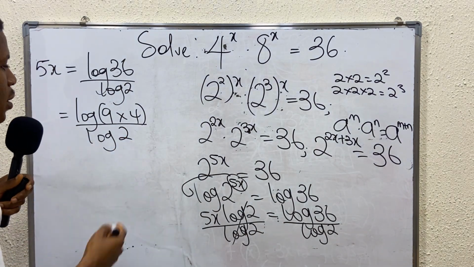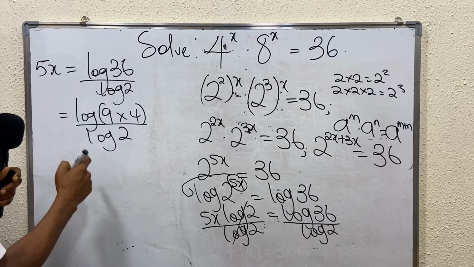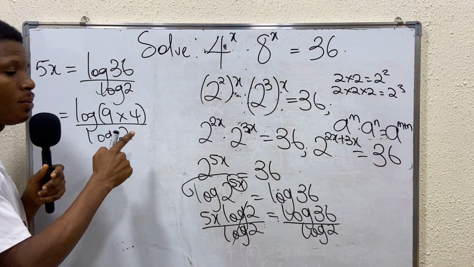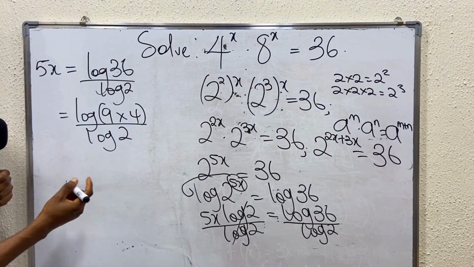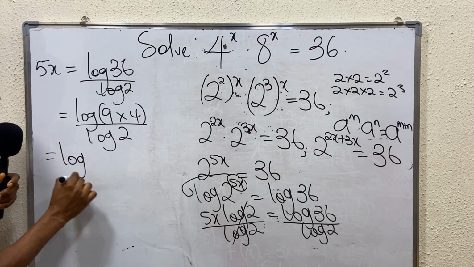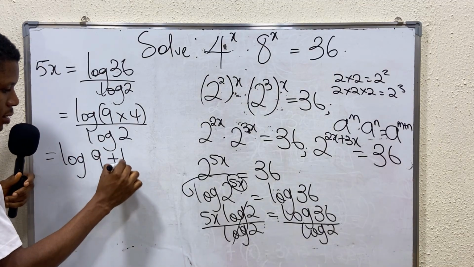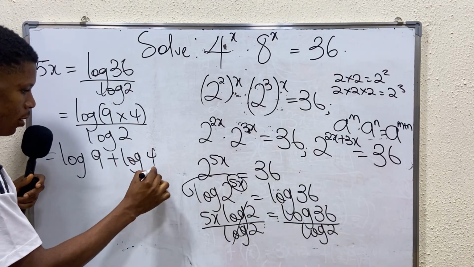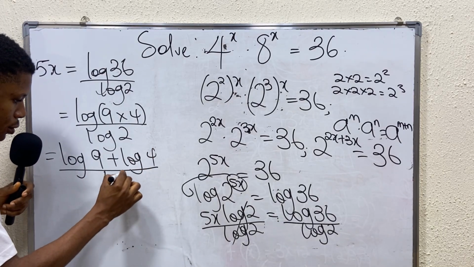Okay? So if you have this now, this is simple now. In logarithm, whenever we are multiplying them in the same base, we can express them as a unit log. That means 5x is equals to log 9 plus log 4 over log 2.